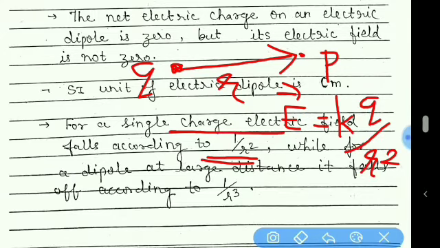Means the electric field decreases with distance according to 1 upon r square.